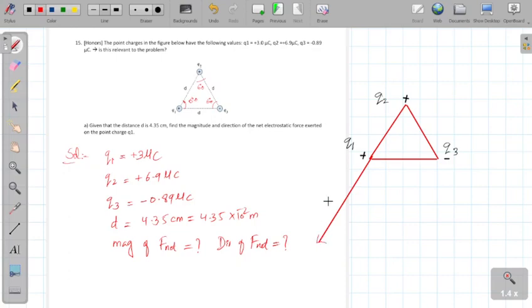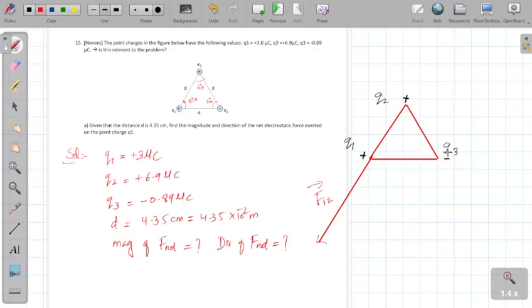I call this force F12, the force exerted on 1 by 2, or alternatively the force on 1 due to 2.